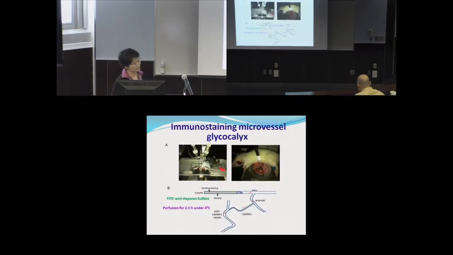Okay, now this is our animal study. We use the microvessels on rat mesentery or the mouse cremaster muscle. Rat mesentery is a very easy preparation. We do not even damage anything. But for cremaster muscle, we probably have to do a little surgery.